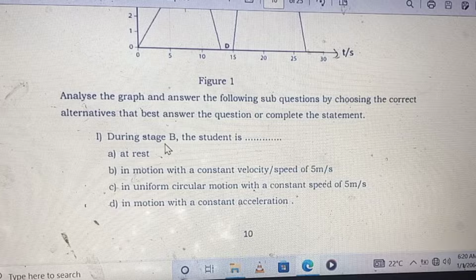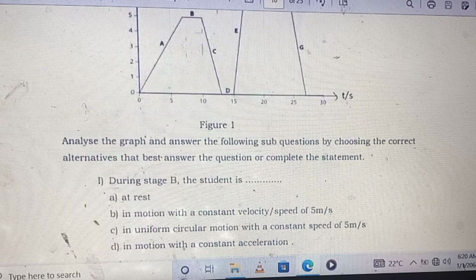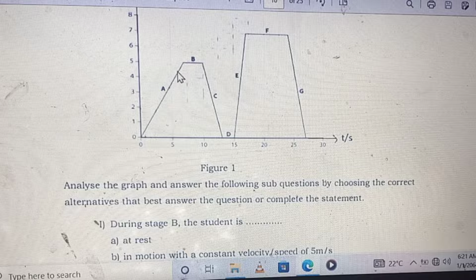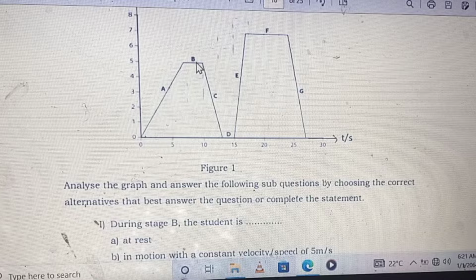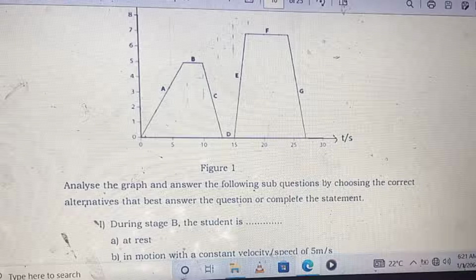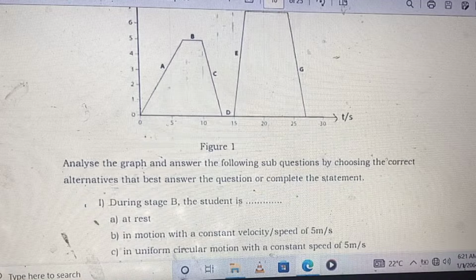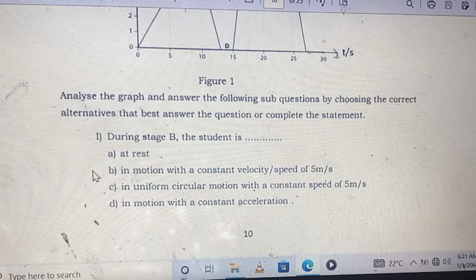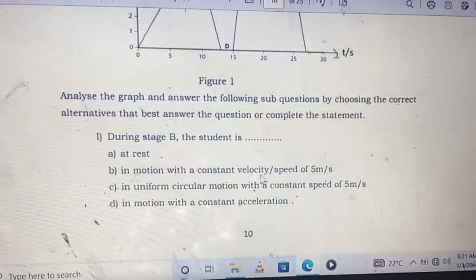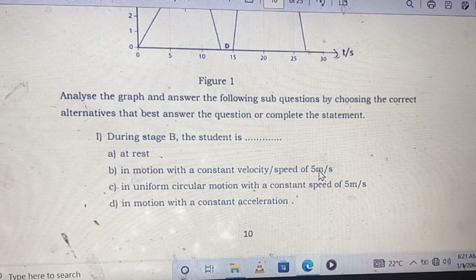I. During stage B, the student is... The correct answer is letter B, in motion with a constant velocity or speed of 5 meters per second.